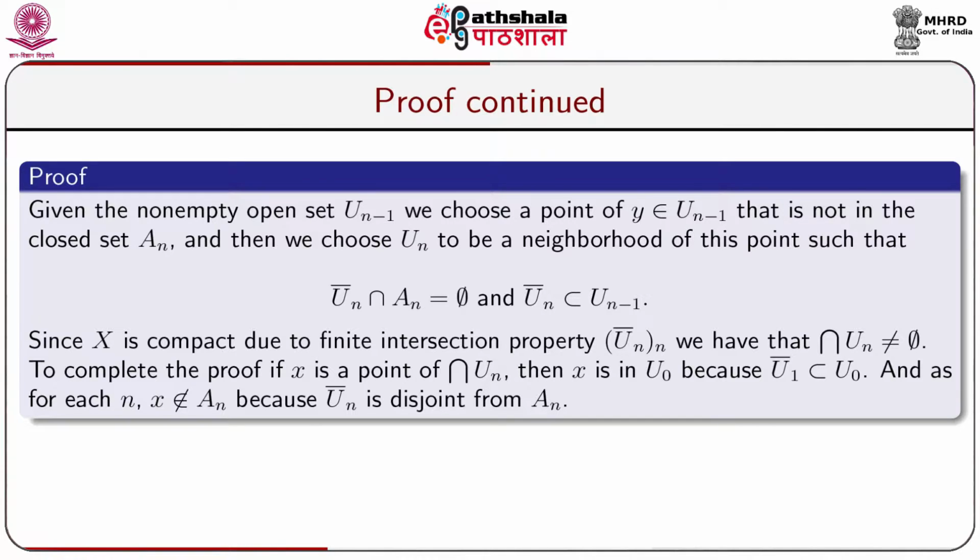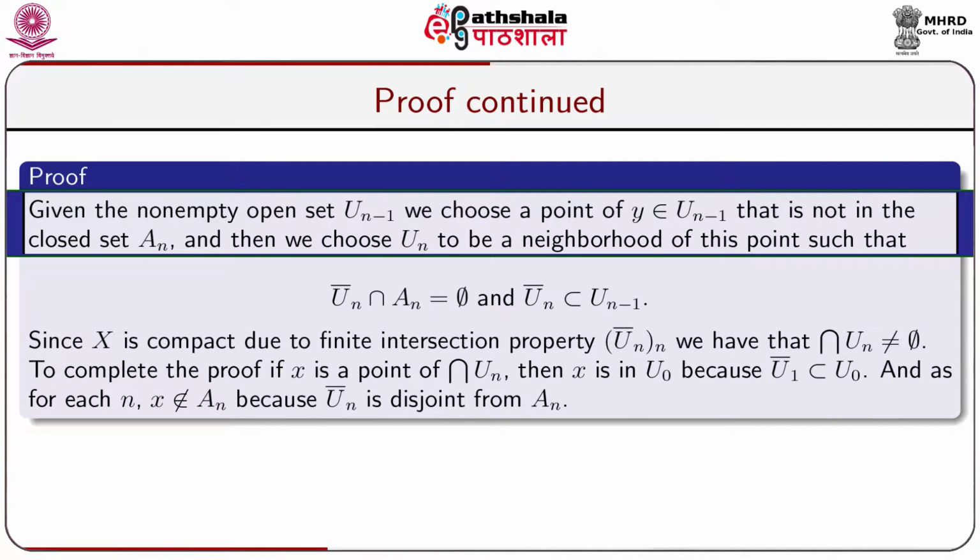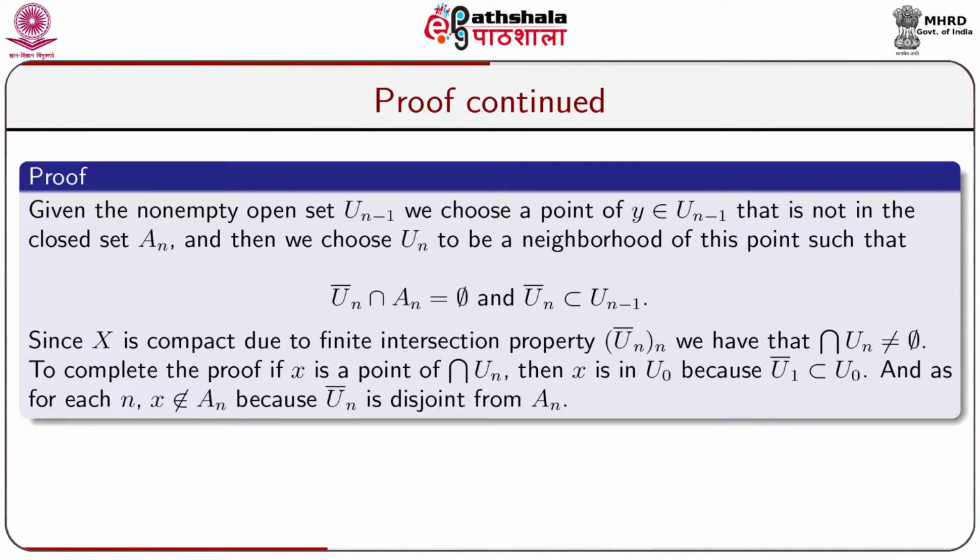Now, let us consider that we have chosen U1, U2, ..., Un minus 1, where y belongs to Un minus 1, that is not contained in the closed set An, and now we like to choose an open set Un to be a neighborhood of this point such that closure of Un intersection An is empty and closure of Un is contained in Un minus 1, which we can do by mathematical induction.